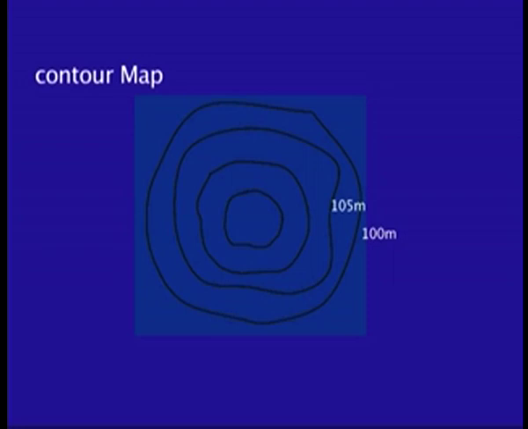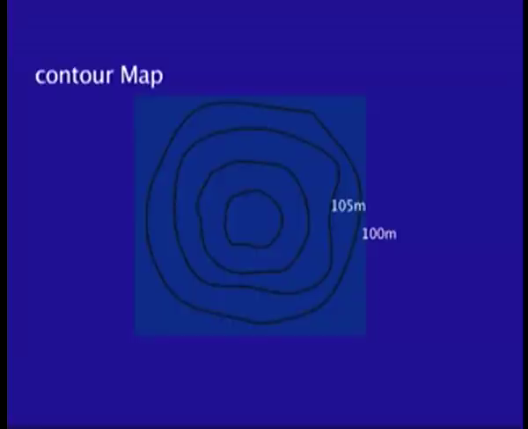Of course, this cannot take care of each and every point in the terrain, and you cannot really measure the altitude at each and every point of a terrain, but it gives you a very good idea of the nature of the terrain. For example, if this is increasing height, then probably there is some kind of a peak here, and this may be the contour map of a part of a hill, for example, where this point may correspond to something like the peak, and then there is the land sloping downwards in all directions.